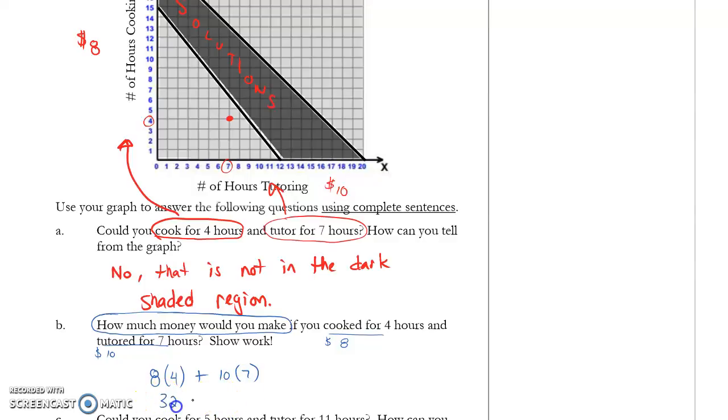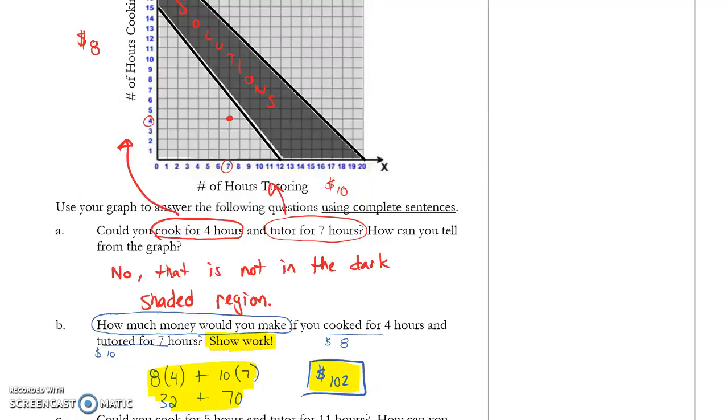I get $32 for cooking, $70 for tutoring, add this together, and I have a total of $102. Now, some of you look at it and say, well, that's obvious, that wasn't too difficult, and I agree. But you'll lose points if you don't show work. You must show this work to get full credit on a question like this on our quizzes or our tests.